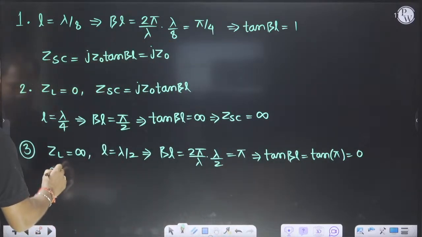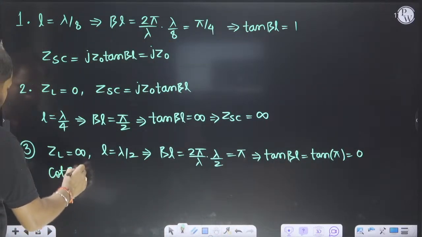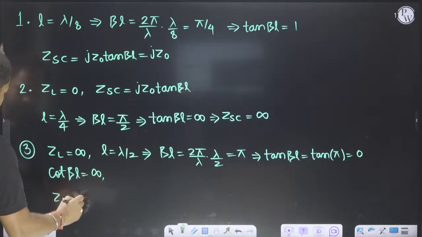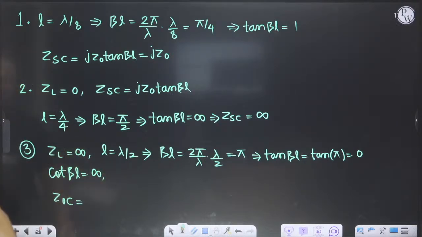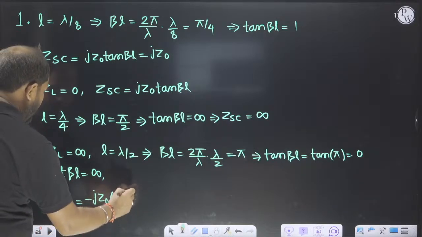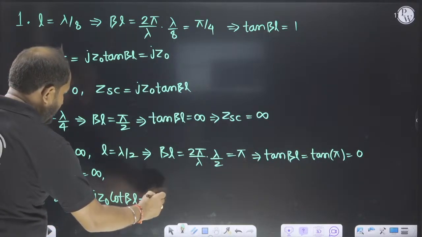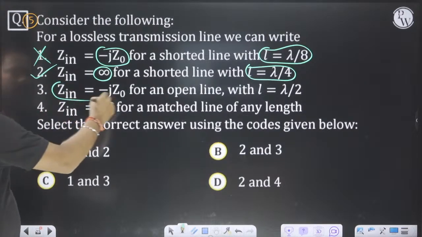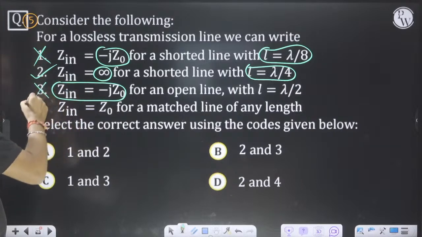So cot beta L will be equal to infinite. ZOC is equal to minus jZ0 cot beta L, because the load is open circuit. Cot beta L is infinite, so it will be infinite. So our C option is wrong because jZ0 is given.